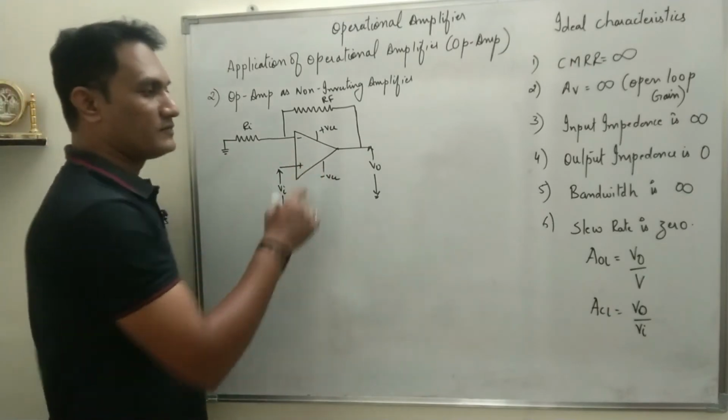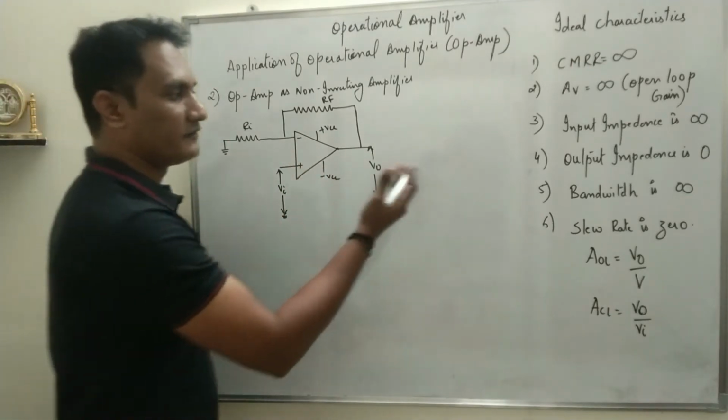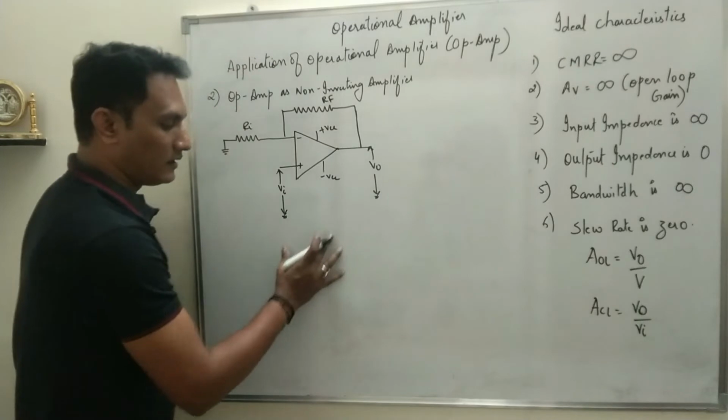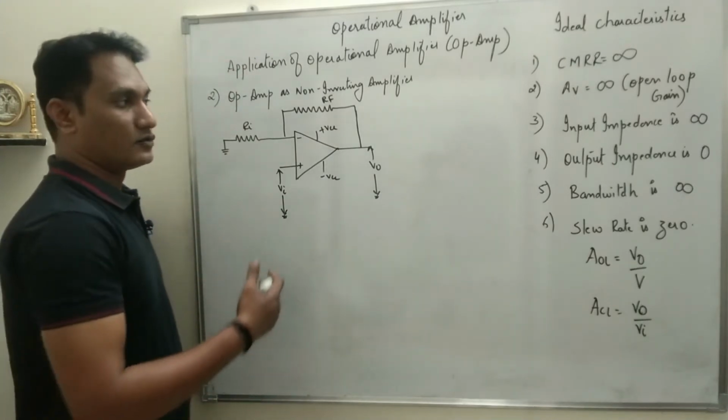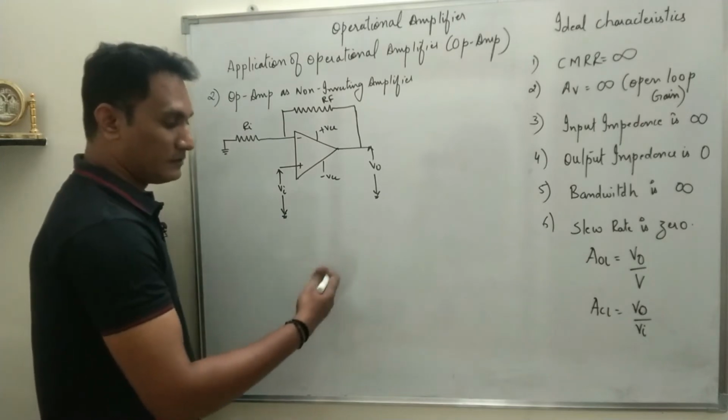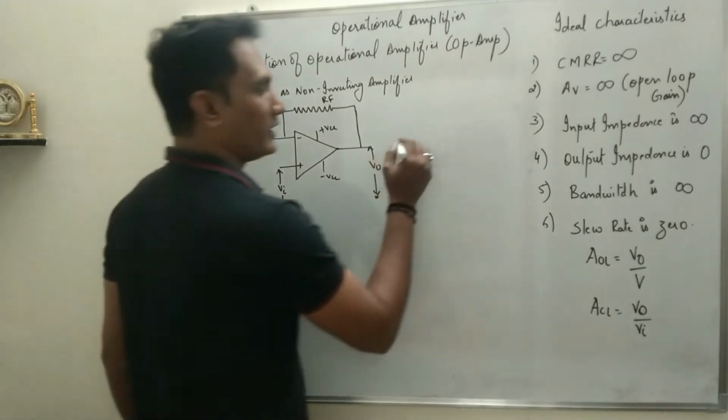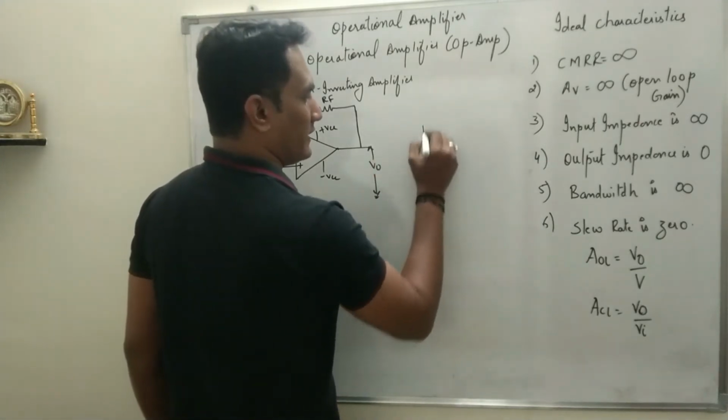I am drawing the same circuit but in a different manner, so that the output voltage which has to be obtained becomes much easier to understand. So this is the circuit diagram.